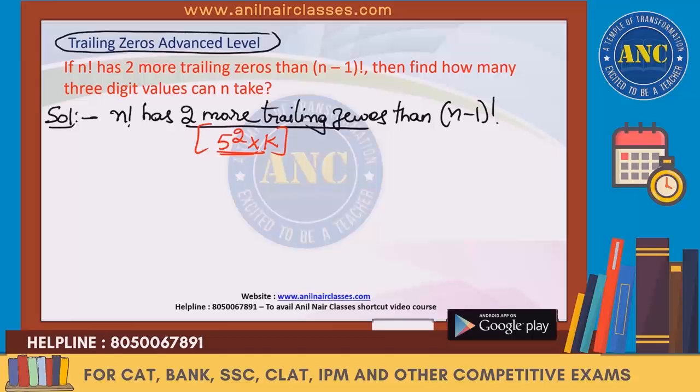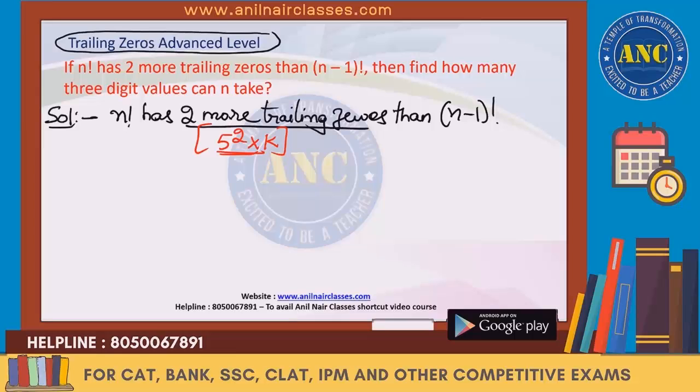Trailing zeros happen in factorial for powers of 10. In 10, it is 2 into 5. Power of 10 will take the lowest power of 2 and 5, which is nothing but the power of 5. Just by looking at the question, I am able to say that the answer is a multiple of 25.